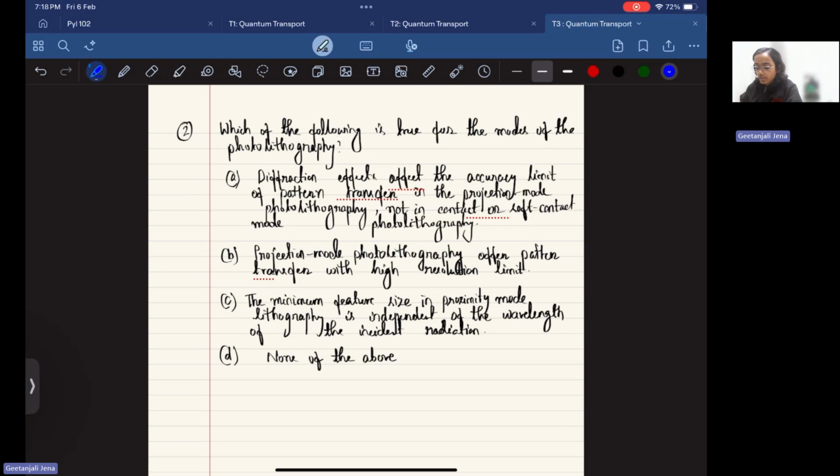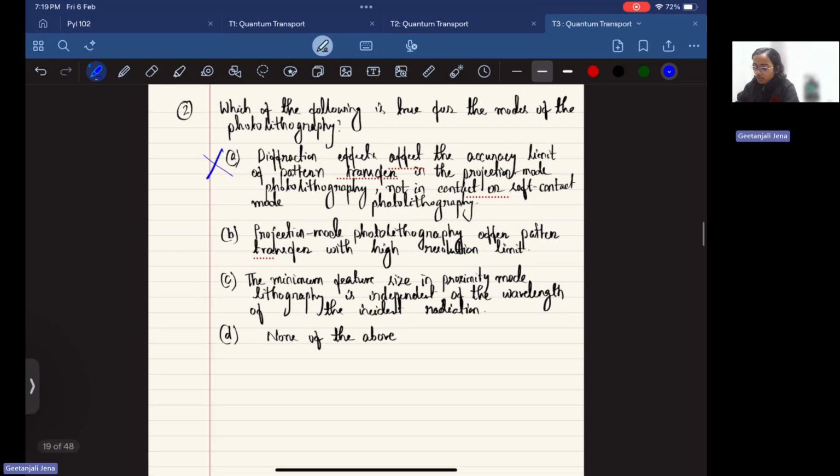In contact and proximity mode, we have the near field diffraction, and for the projection mode, we have the far field diffraction. So for both cases, the accuracy limit of pattern transfer will be affected by the diffraction effect. Option A is not the correct answer.